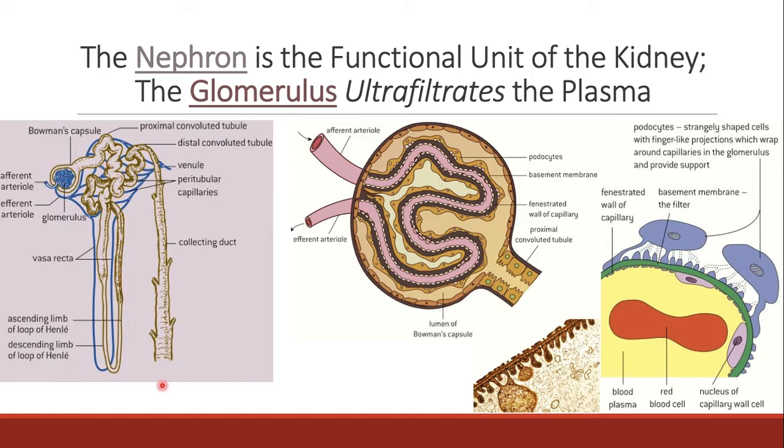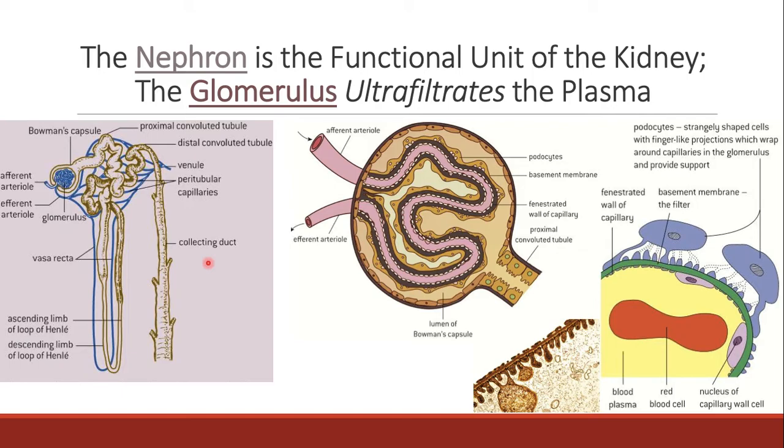We're going to go through and look at each individual part of the nephron and see what's happening. So Bowman's capsule and glomerulus, we'll look at that. What's happening with the PCT, we'll look at that. What's happening in the loop of Henle, we'll look at that. And then what's happening in the collecting duct, we'll look at that. The distal convoluted tubule is not that interesting, so we'll skip over that. But like we said, there's going to be some reabsorption and some secretion that occurs.